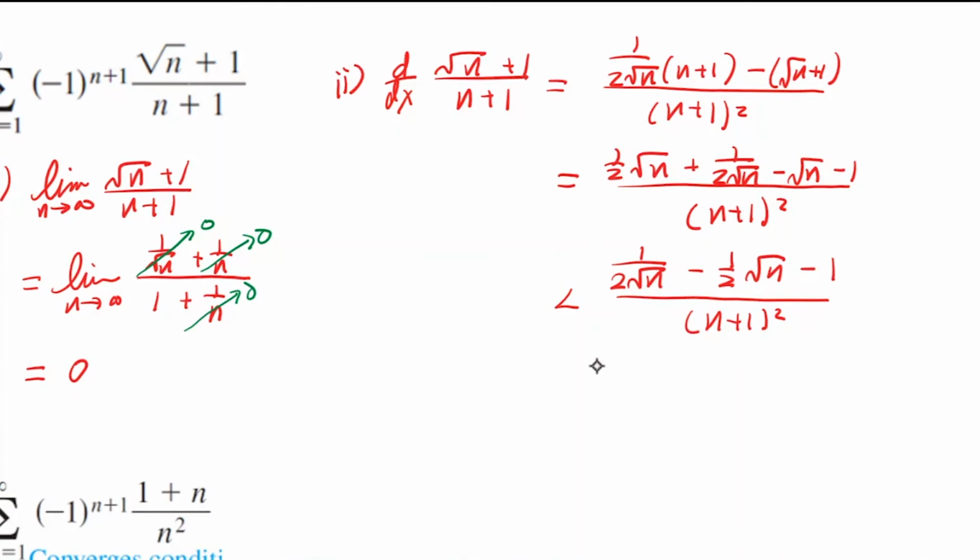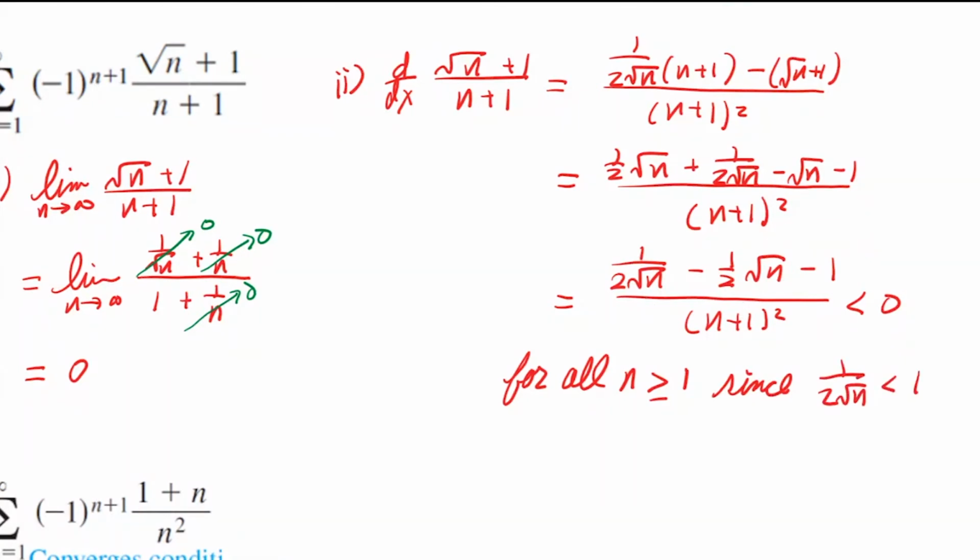So do you see that this thing is less than 0 for all n greater than or equal to 1, since this thingy, 1/2 square root n, is less than 1.